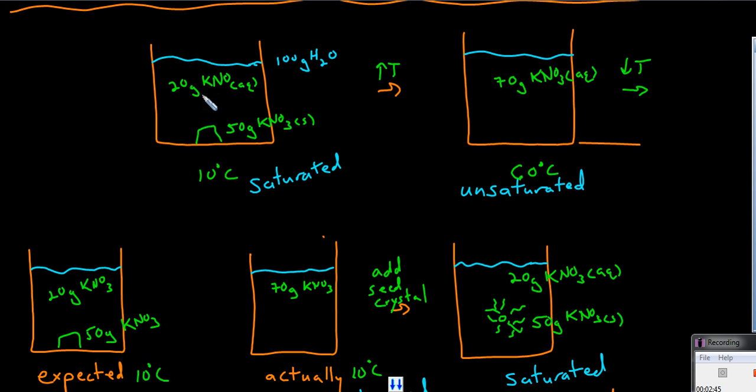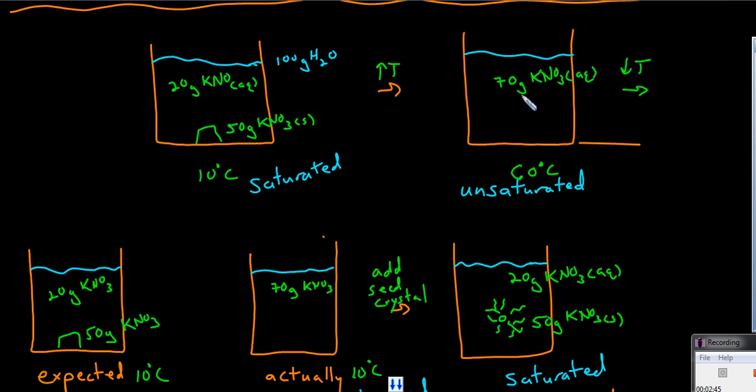If we were to increase the temperature to 60 degrees Celsius, we should be able to dissolve up to 80 grams in 100 grams of water. So we should be able to dissolve all of this potassium nitrate, 20 plus 50, a total of 70 grams dissolved.